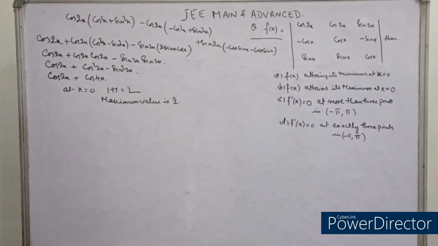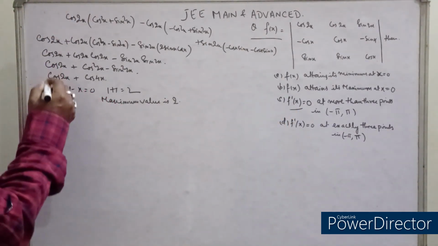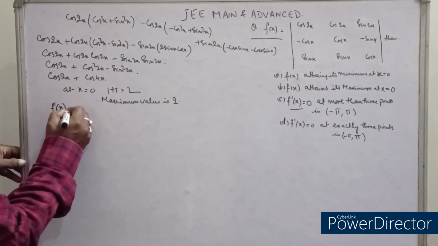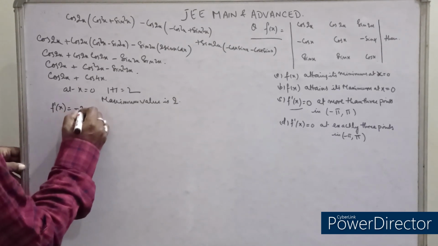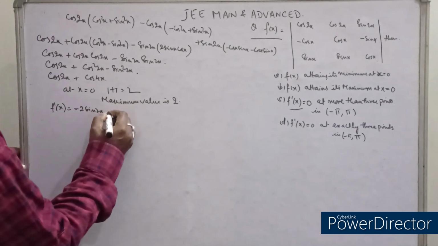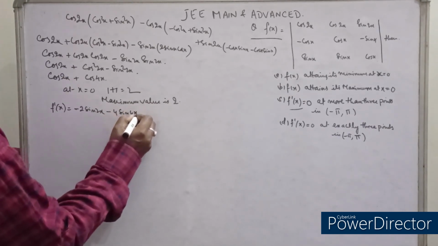Now let us go to f dash x. So this f dash x will be minus 2 sin 2x minus 4 sin 4x.